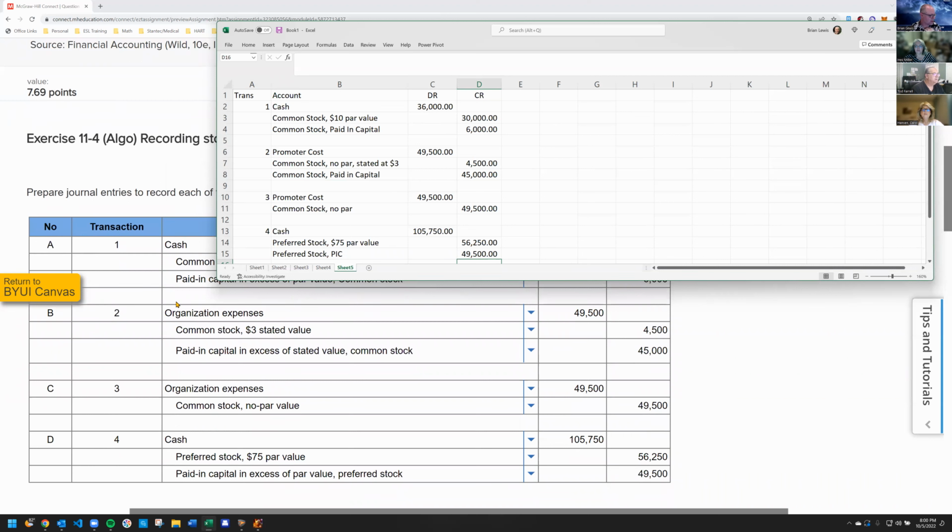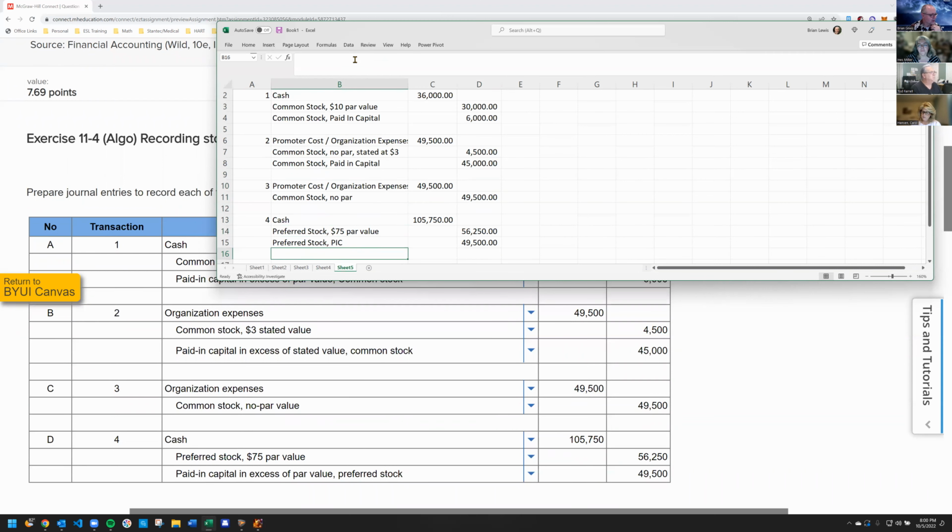What they do is, they called it organizational expenses instead of what we called promoter. Same with this one down here. And then this one, cash, preferred stock 75 par value, and preferred stock paid in capital 49.5. Voila.